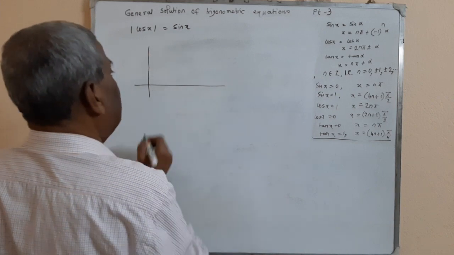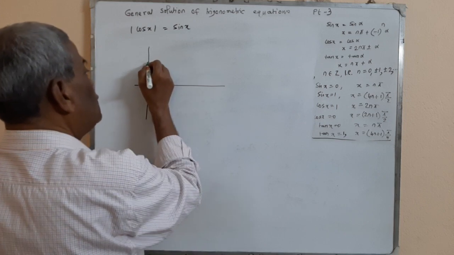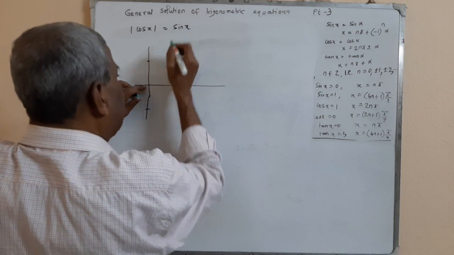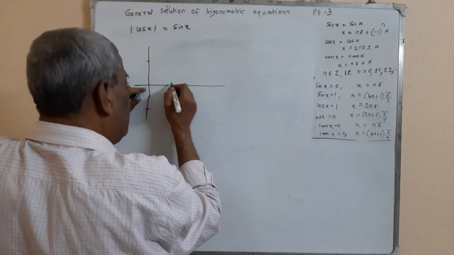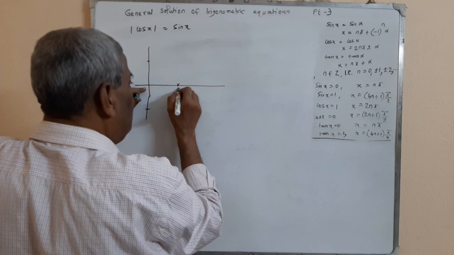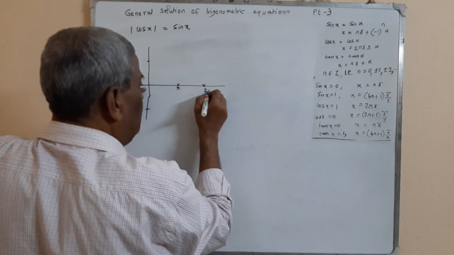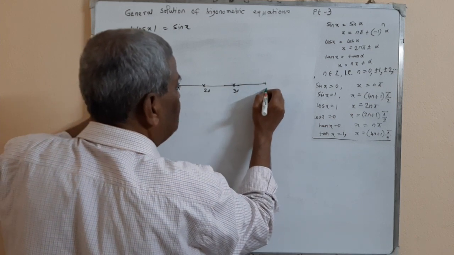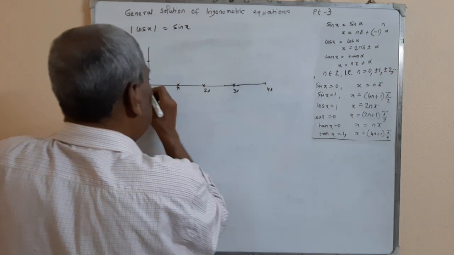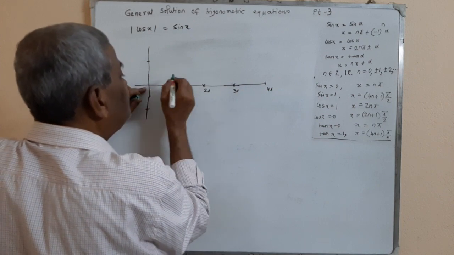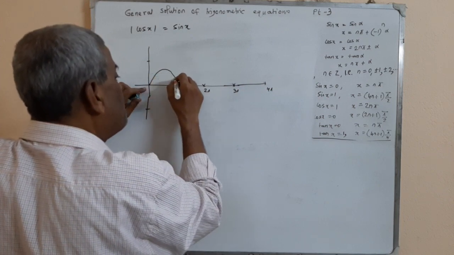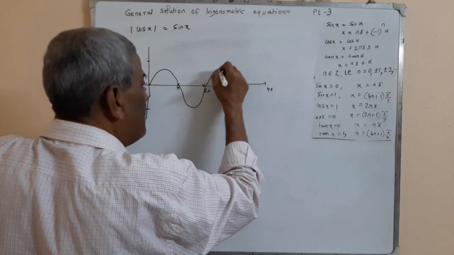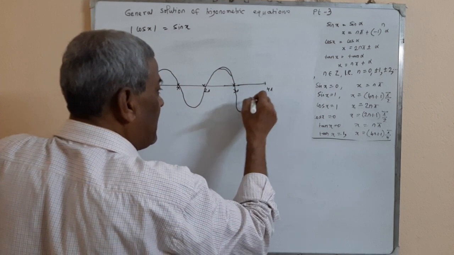A rough drawing is necessary. Suppose this is 1, this is minus 1, and sin x is 0 at π, 2π, 3π, and 4π.